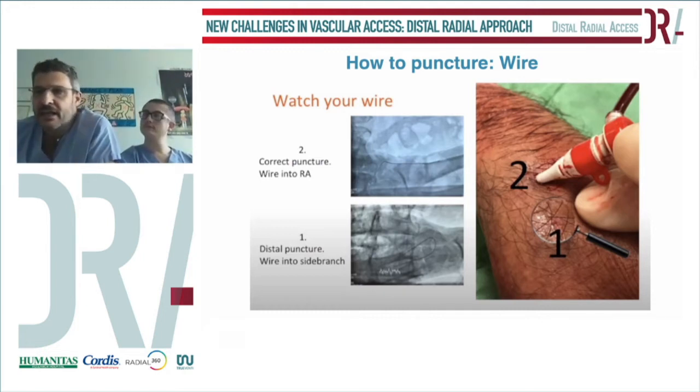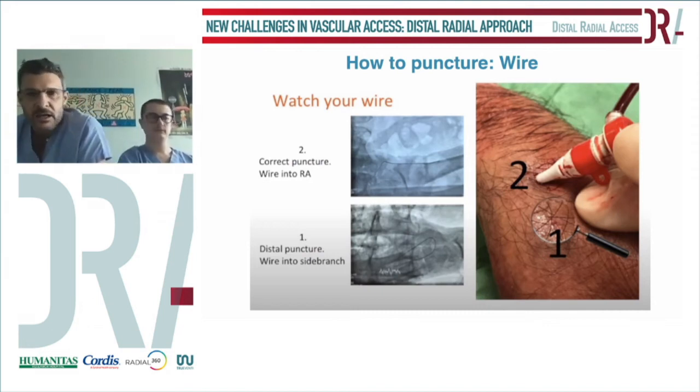And then in case of some difficulties in terms of advancement of the wire, you can check with the contrast through the needle, or you can change the wire using a coronary guide wire, so a 0.14 guide wire.